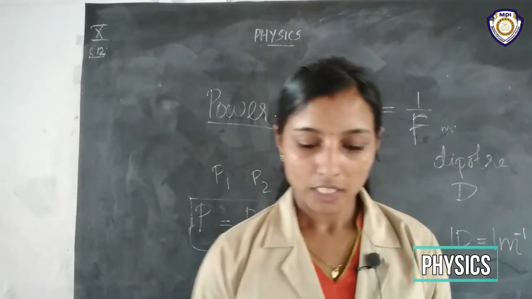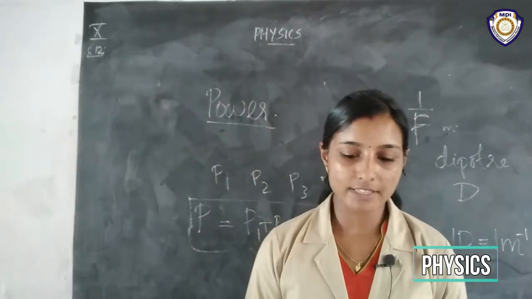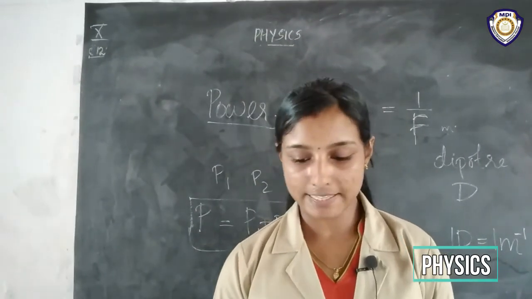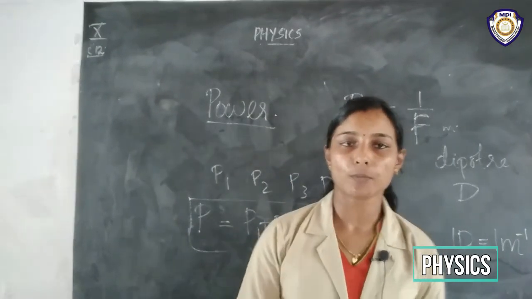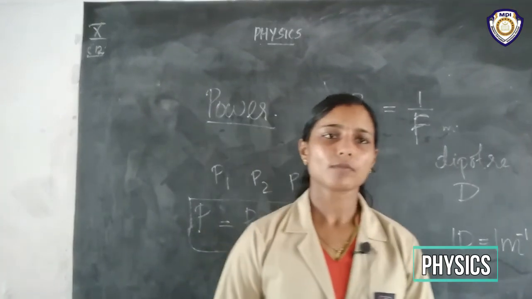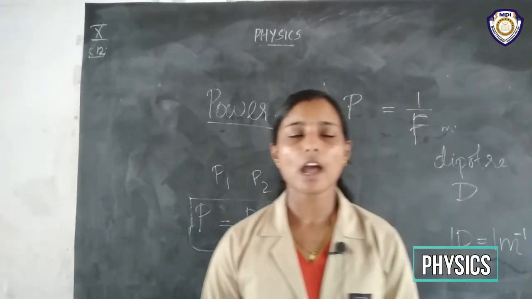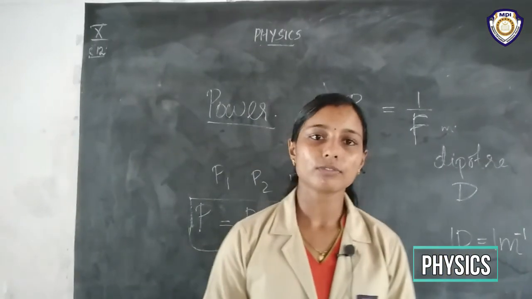The use of powers instead of focal length for lenses is quite convenient for opticians, right? It is easier to know the power of a lens instead of its focal length.